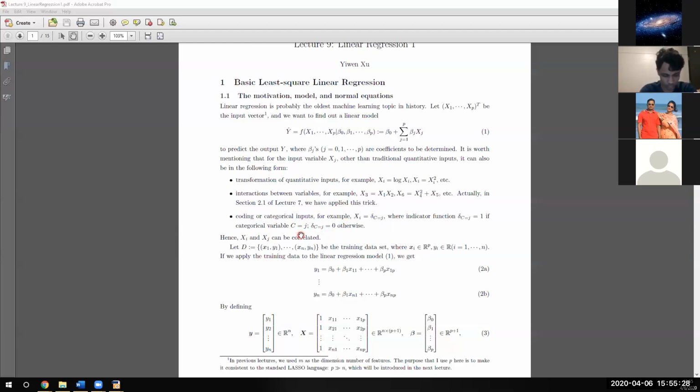So usually in ANOVA, what we want to see is that all decision variables are independent. But in linear regression, there's no guarantee. For example, as I just mentioned, you can definitely code variables so that x3 equals x1 times x2, x6 equals, for example, x4 squared plus x5, so that they're dependent. And I don't care. You know what I mean?